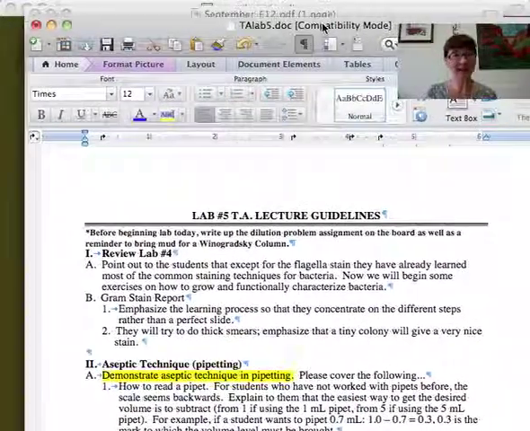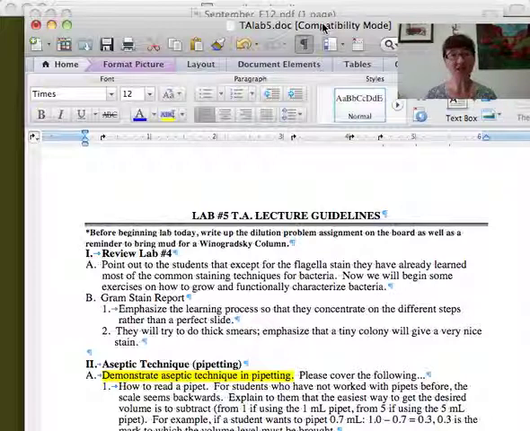So Lab 5, again, make sure you're ready to demonstrate the aseptic pipetting, remembering that that is a skill they'll be showing us on the practical. We want to do a good job of demonstrating it, and I also make note of announcing the Winogradsky column in here.